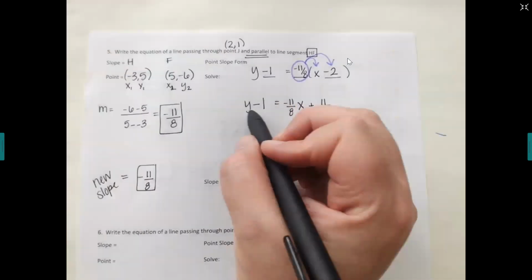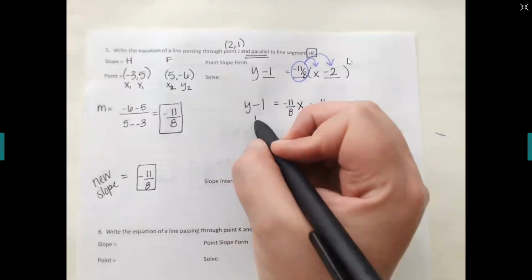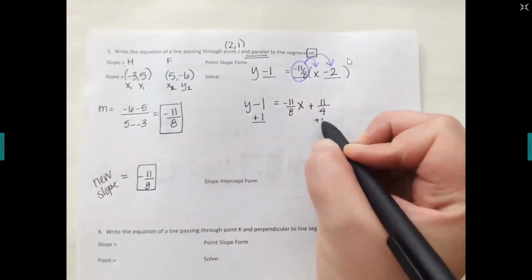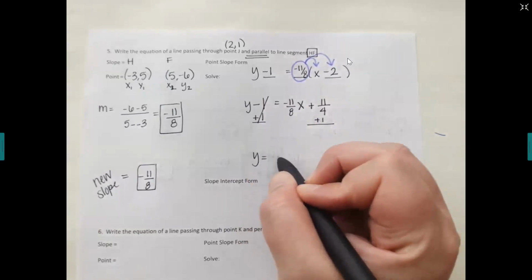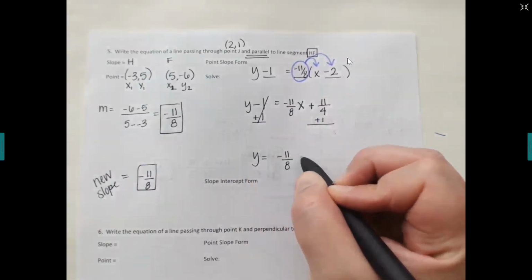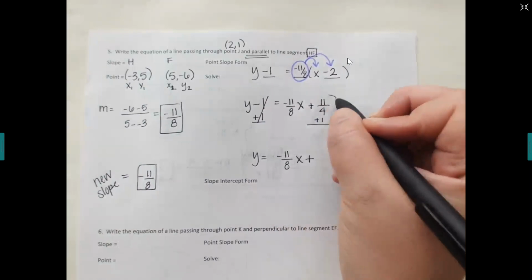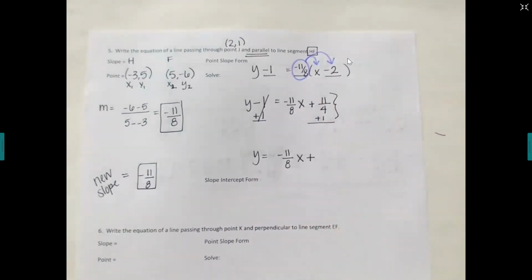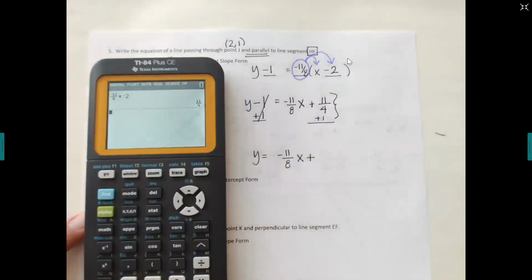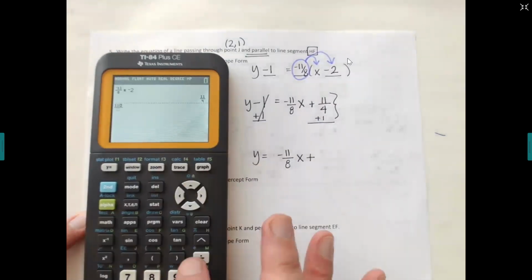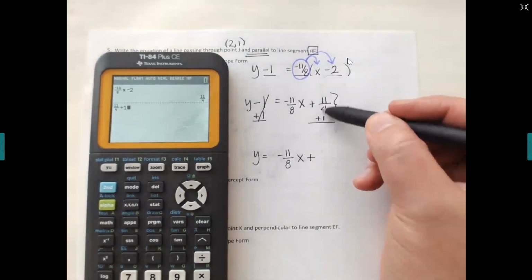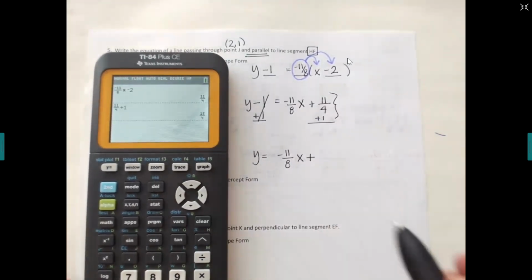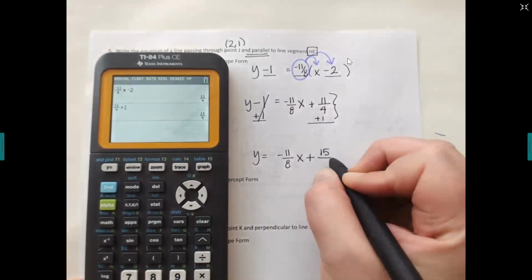But remember, we want Y equals, not Y -1, so I'm gonna add this 1 across to the other side. So I have Y equals -11/8X plus, and then I'm gonna have to put this in the calculator. So 11/4, use your pretty fraction. And then plus 1. 11/4 plus 1. And that means my new second number is a 15/4.